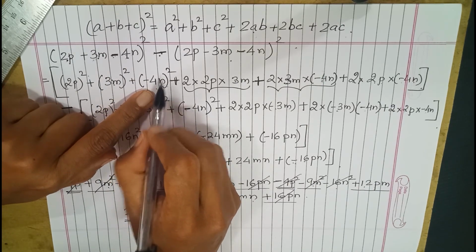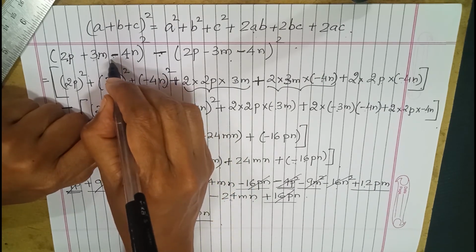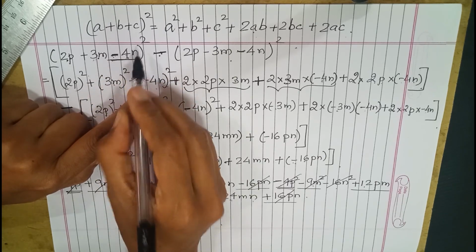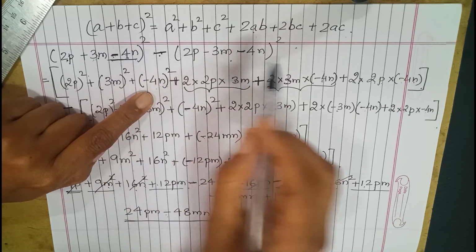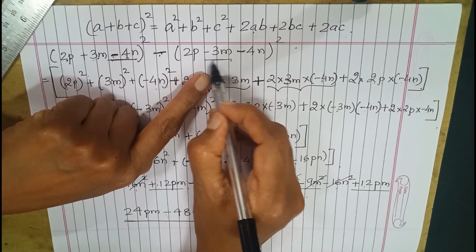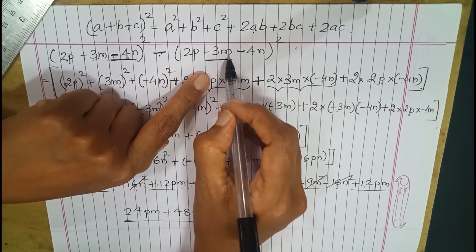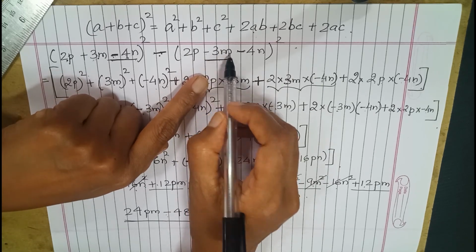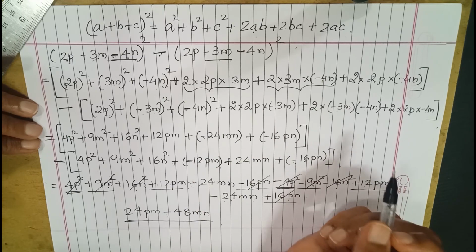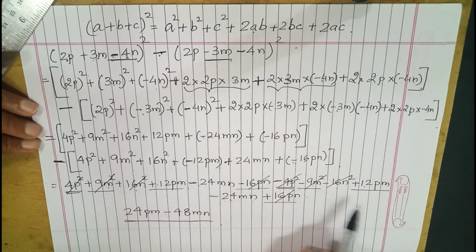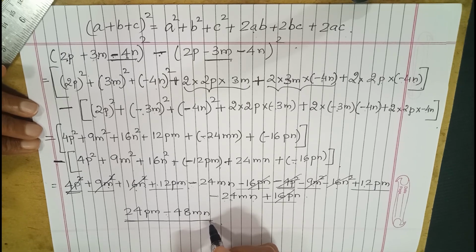Like here I have taken c square. So my c is complete, minus 4n, and not just 4n. It should be taken along with the sign. Similarly here, you can see this is the b. And b is not just 3m but minus 3m. So if you take the signs properly, solve the brackets, open the brackets, and cancel out what all is getting cancelled, you will definitely be able to do these sums.